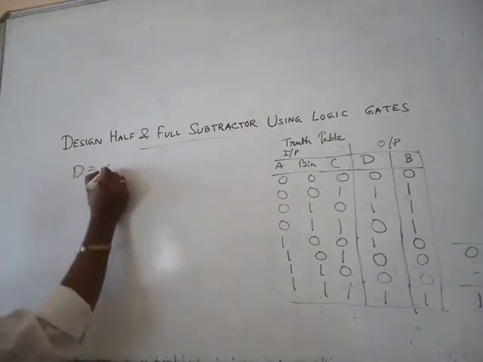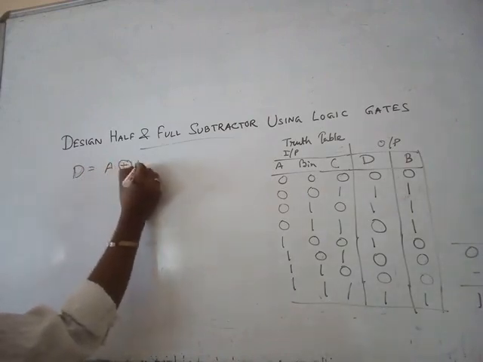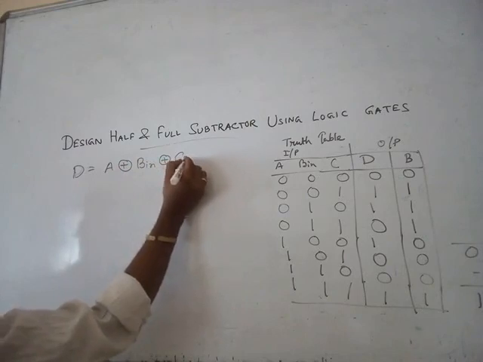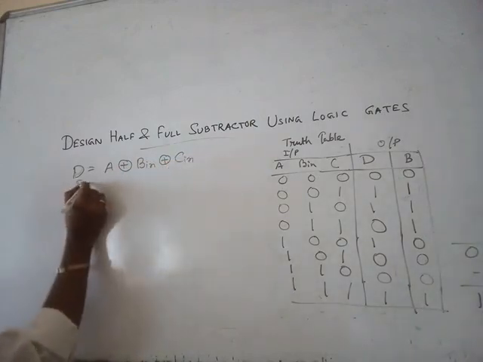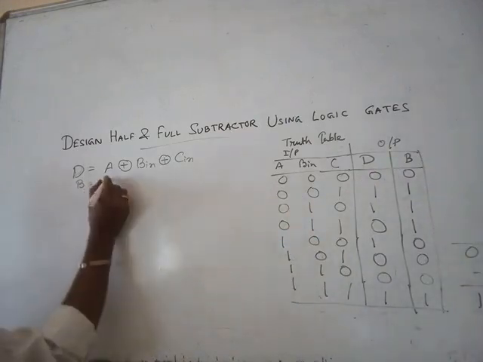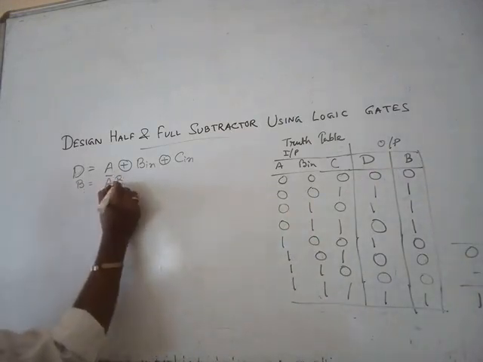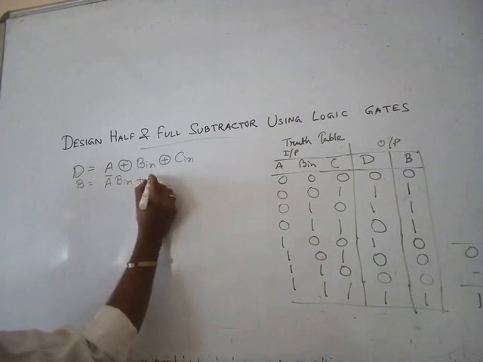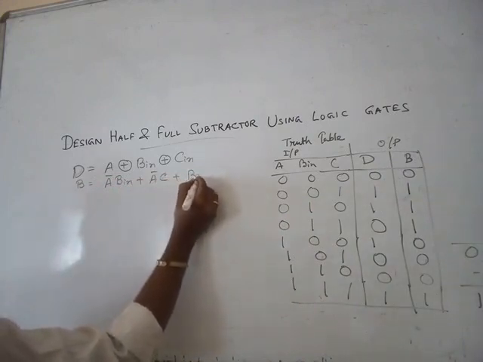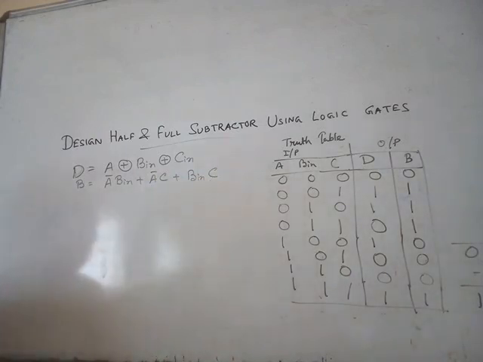For D, it is A exclusive OR B in exclusive OR C in, and for B, that is for borrow, it is A bar B in plus A bar C plus B in C. Okay, we have to design the circuit.